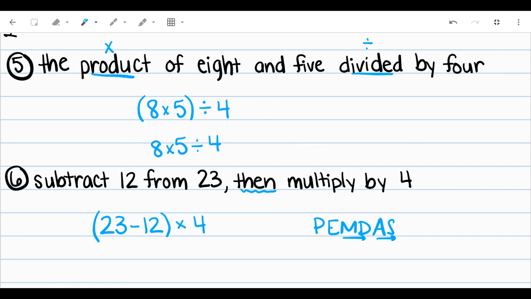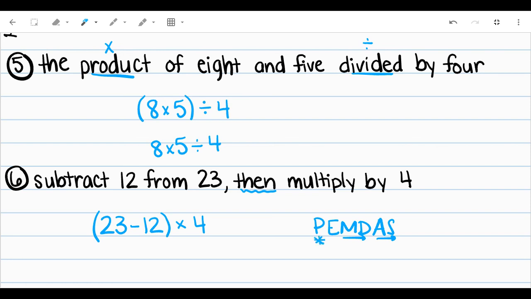And it's a good reason to go back and double check what you've put compared to what the statement says. Because it does say 23 minus 12 and then multiply by 4. But if we're not looking at that carefully, then we want to make sure that we're doing the multiply by 4 by what we're getting when we subtract. So we have to do that subtraction first. And putting those parentheses around it makes it happen first, because our parentheses is always our first step.